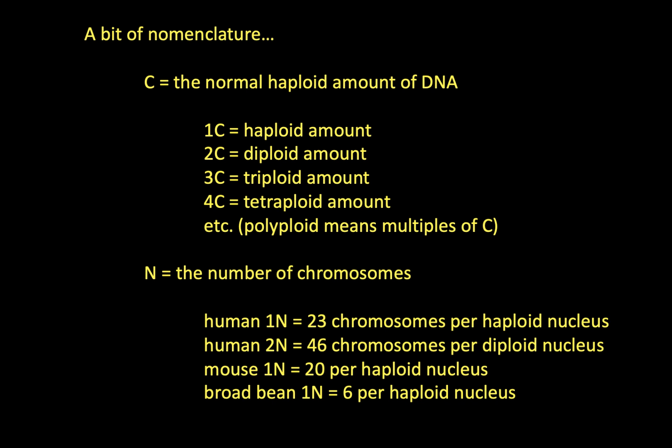So remember those values, because they can change. They can be different. They differ from one another. And as I'll explain later, a haploid number of chromosomes doesn't mean that you have a haploid amount of DNA. So these, as I say, can differ one from another.